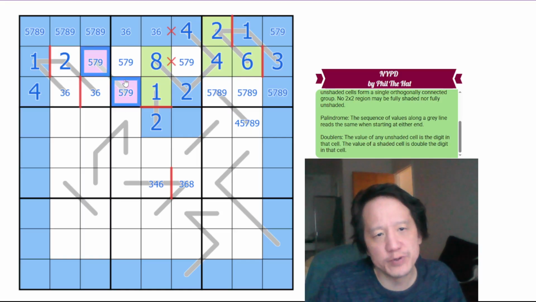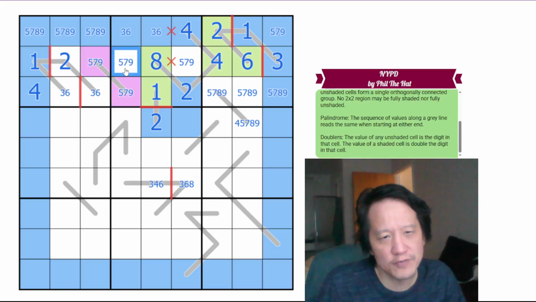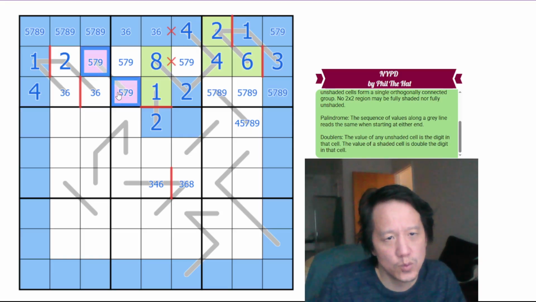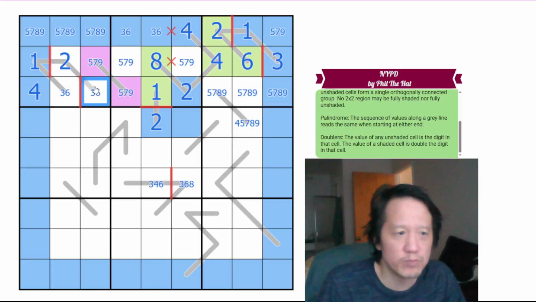So if this is both green, this would have to be blue. That's fine. Therefore, that would make that green. If these are both blue, that would mean this has to be green, and this would be blue.